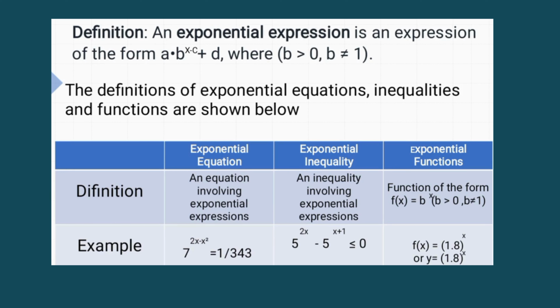When you say inequality, we look at the inequality signs. Here we have greater than, less than, greater than or equal to, less than or equal to. So for example, 5 raised to 2x minus 5 raised to x plus 1 is less than or equal to 0.